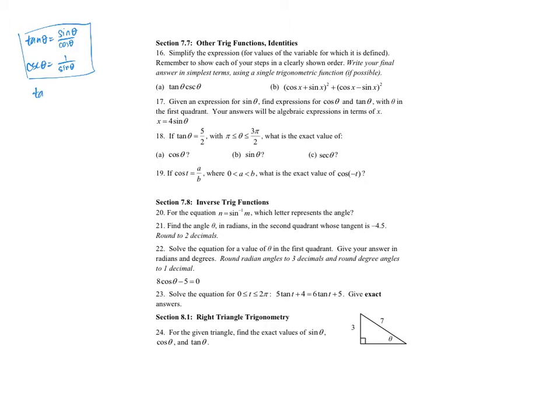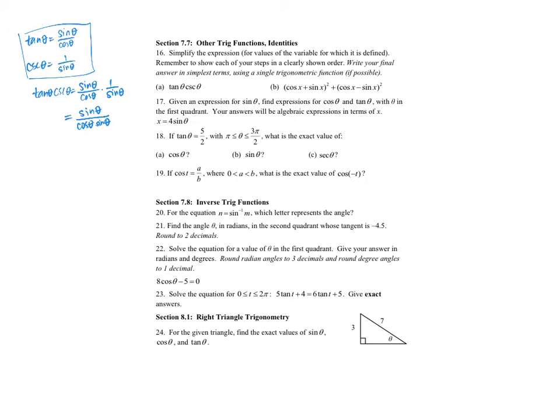So I know that tangent theta cosecant theta is going to be equal to sine theta over cosine theta times 1 over sine theta. And so I can rewrite that as sine theta over cosine theta sine theta.